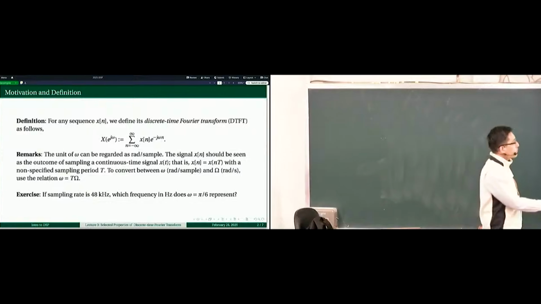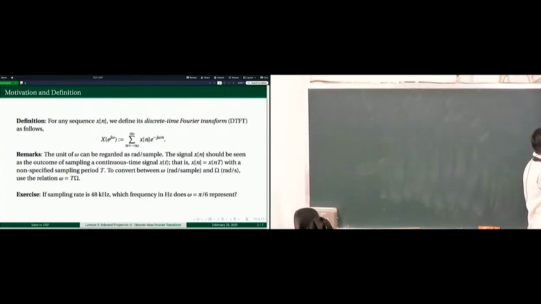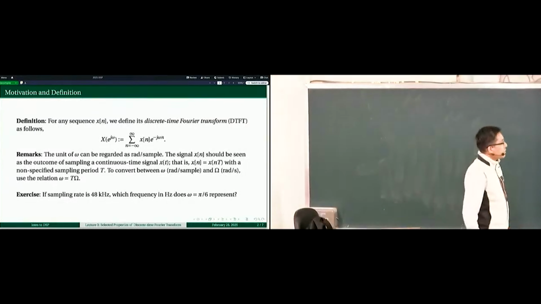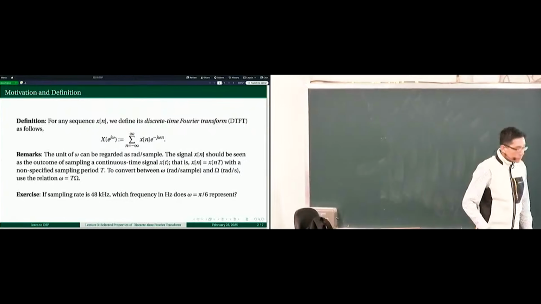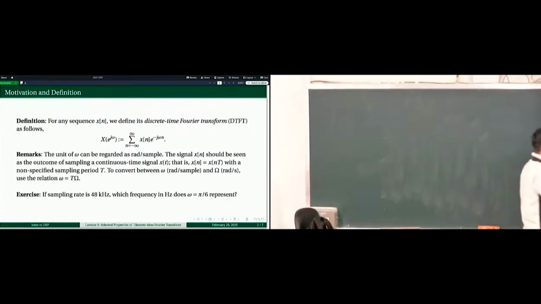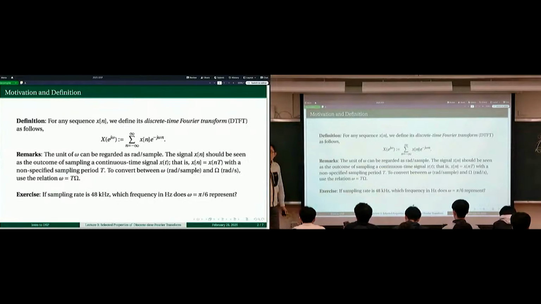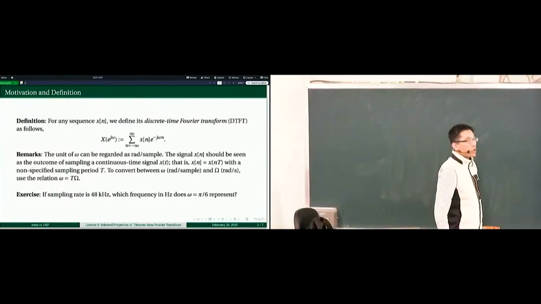Then we can define its DTFT using this equation. There is a summation: your signal x[n] goes here, and we multiply it with e to the minus j omega n. And we calculate this infinite sum.